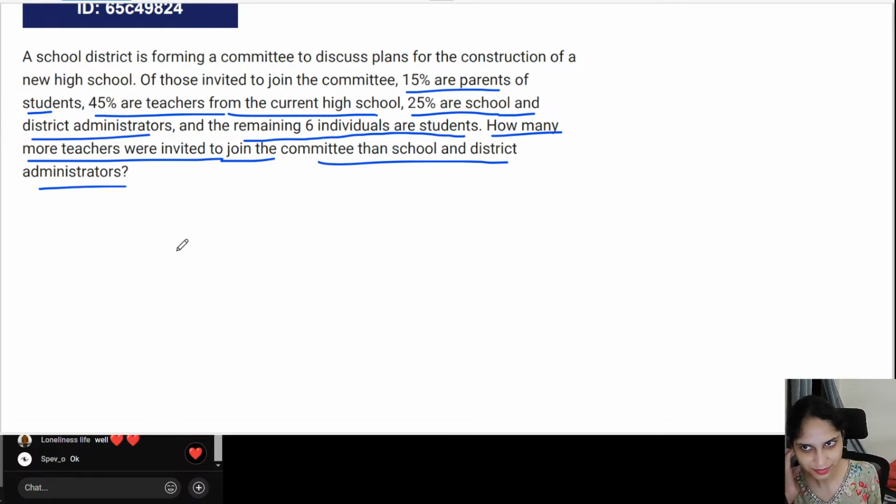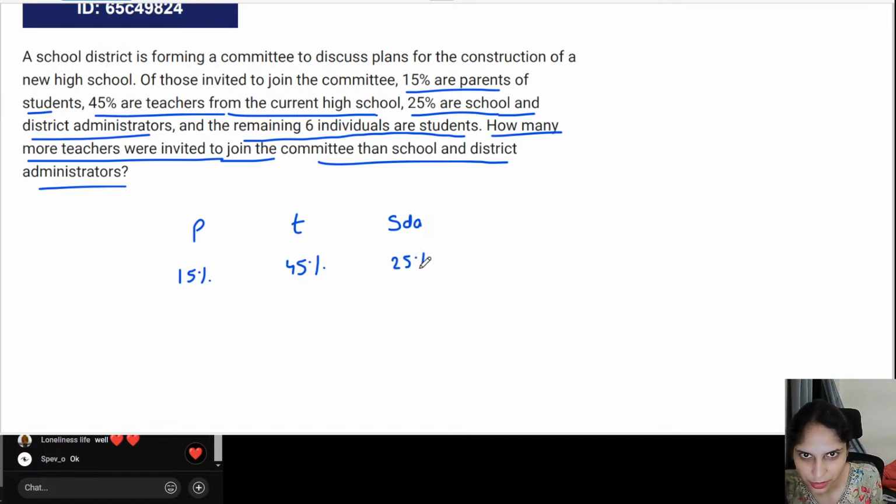Okay. So we have parents. I'm writing P for parents. Those are 15%. Then I have teachers, that is T, 45%. Then I have school and district administrators, SDA, that is 25%. I have to identify how many are remaining. Those are your students. I'm just writing S over there.